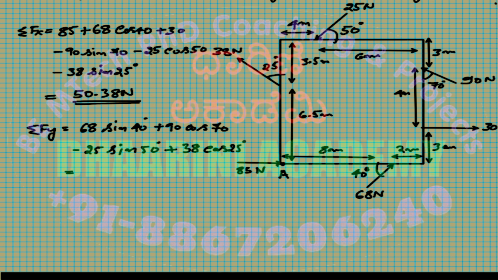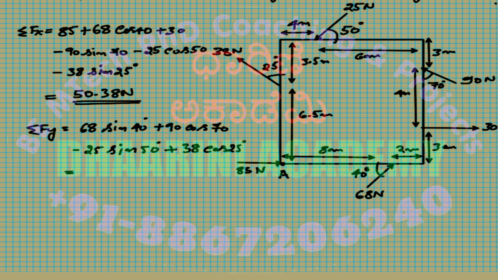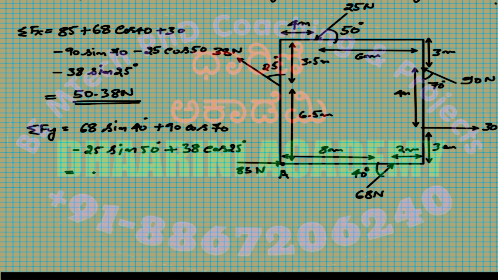Okay, we'll simplify to get the answer. This is equal to 89.77 Newton. Okay, we got Fx, Fy. Definitely we can find the R. So R and theta, we'll keep it ready. R is equal to under root Fx square, that is 50.38 square, plus Fy square, right?